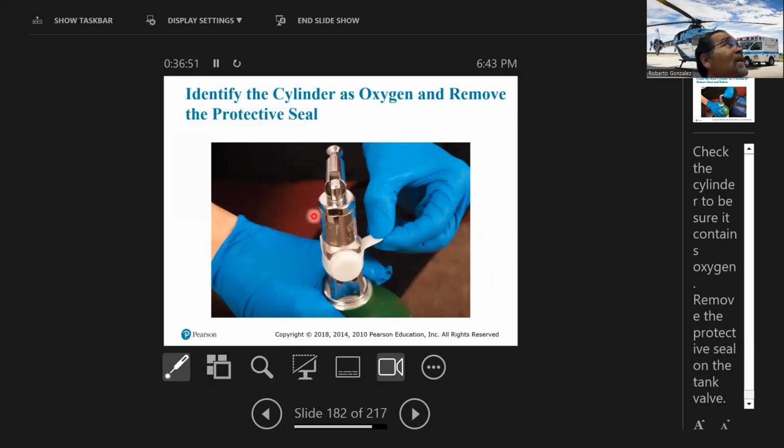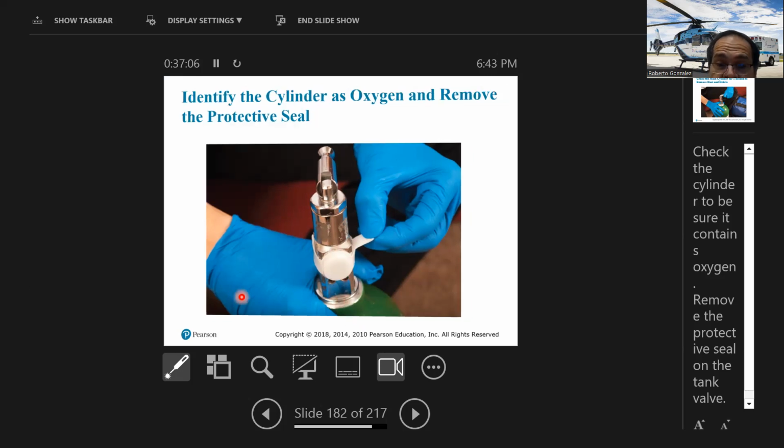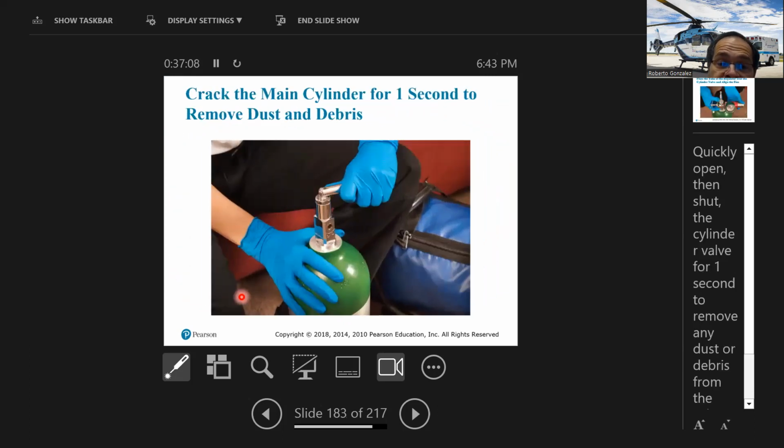I'm sorry, this is not a regulator. This is the oxygen tank. They have the neck of the oxygen tank, and this is a protective cover that they put on whenever you get your oxygen tanks refilled, so no dust or debris goes in there. Crack open the oxygen tank so you can get rid of any debris within this little hole right there.